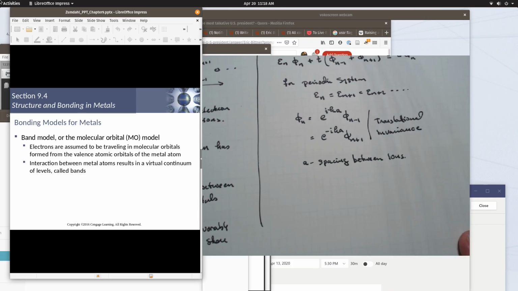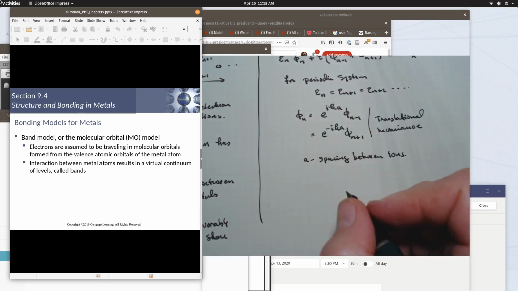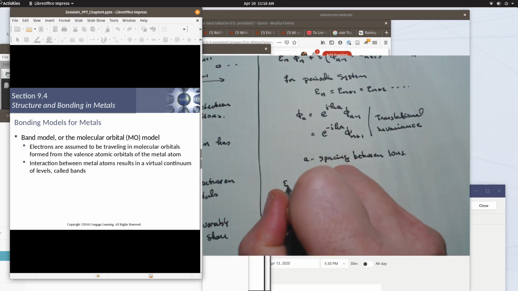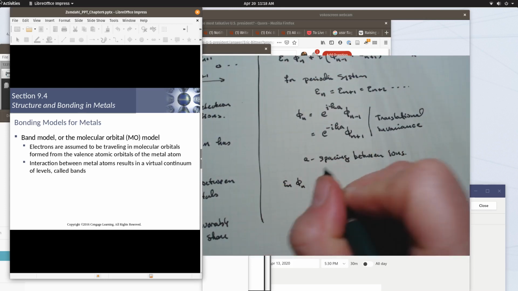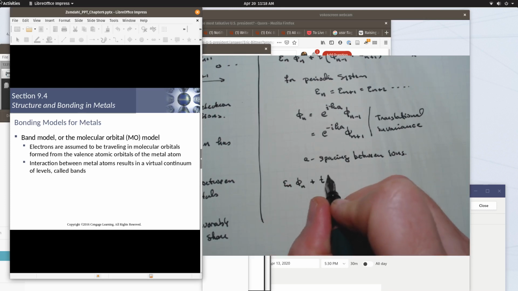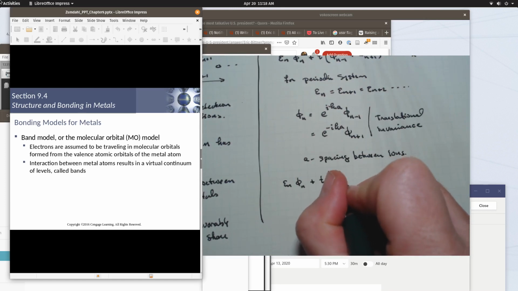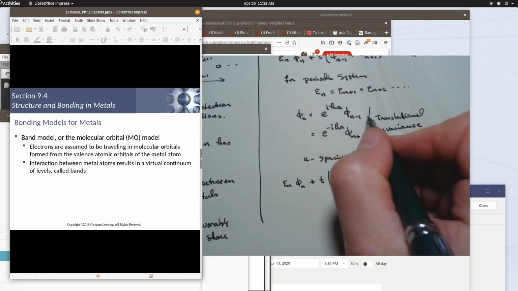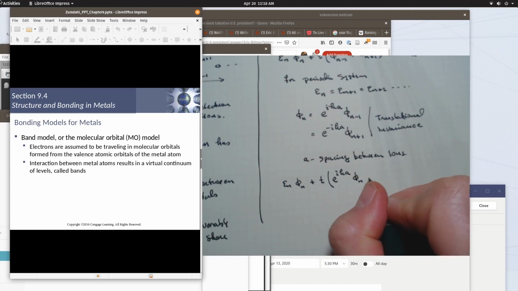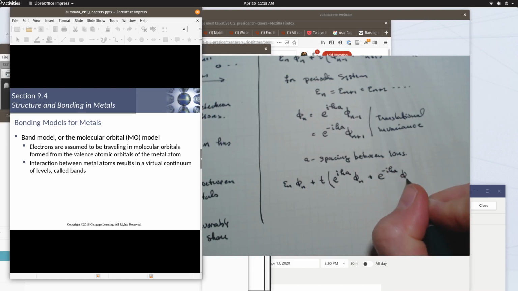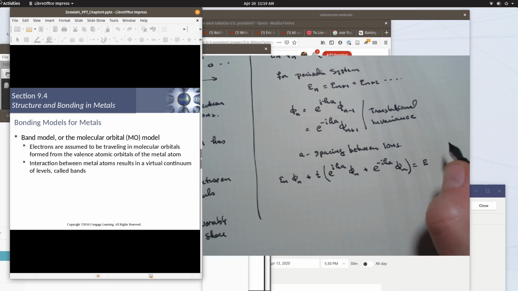Now I can take this and plug it in, and what do I get? Well, I get En phi n plus T times, well, phi n minus 1 is e to the i k a phi n plus e to the minus i k a phi n, is equal to capital E, the total energy, the energy of the electron, times phi n.